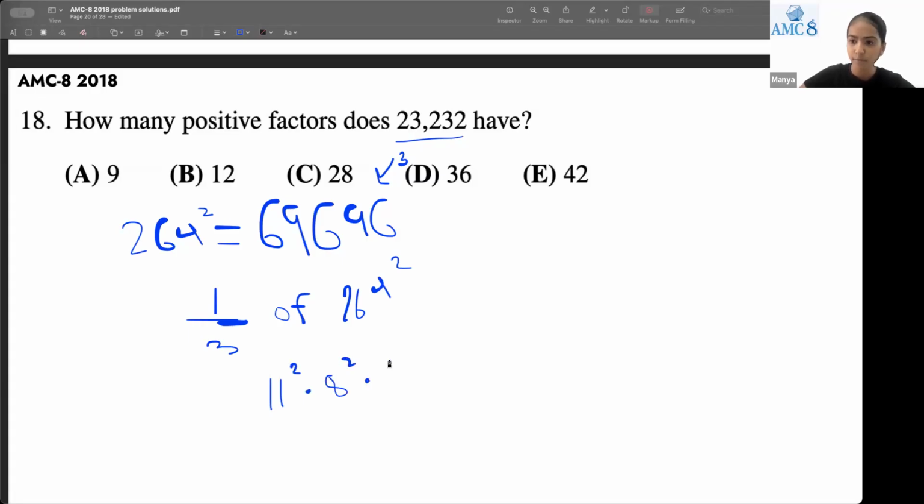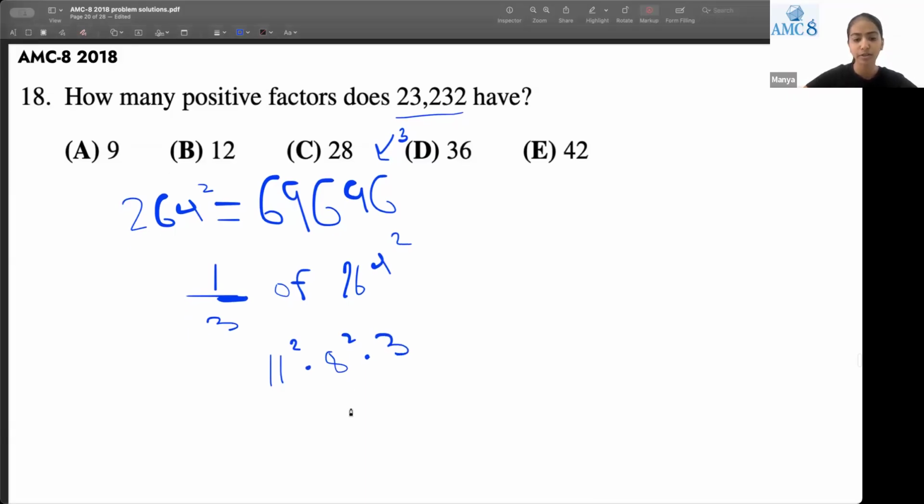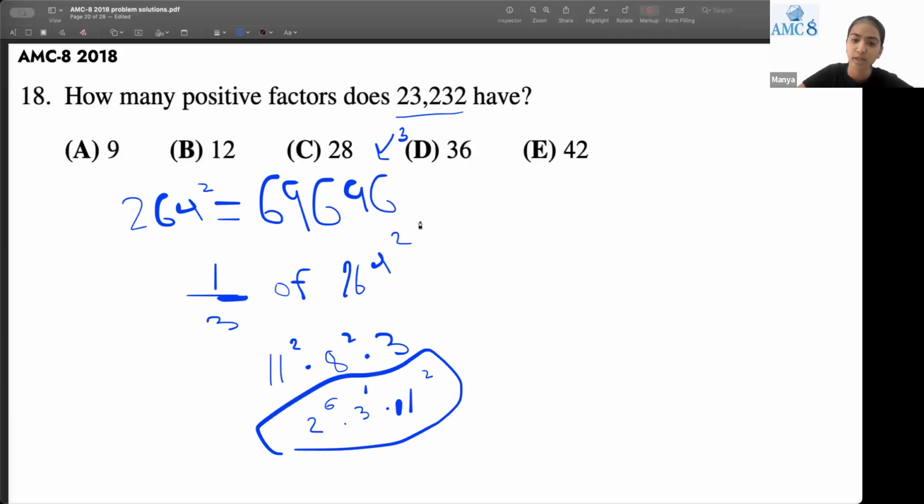And so the prime factorization of 23,232 would be equal to 2 to the power of 6 times 3 to the power of 1 times 11 to the power of 2. We do this because the cube root of 8 is equal to 2. So we can also just do the prime factorization of this number right here, and we would get this as well.